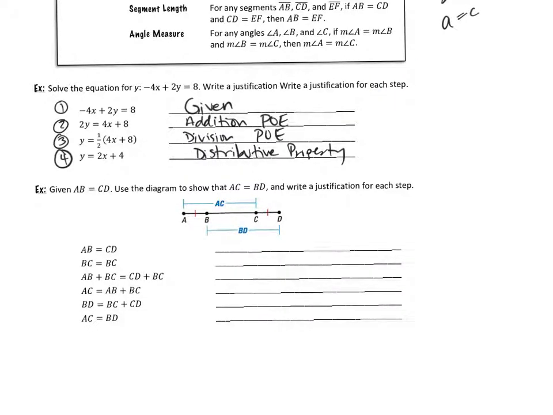In our next example, we are given that the length of AB equals the length of CD, which shows up on our first line. So that's step 1. Our next step, the length of BC equals the length of BC. Well, that is the same on both sides of our equality sign, so this is a reflexive property of equality.